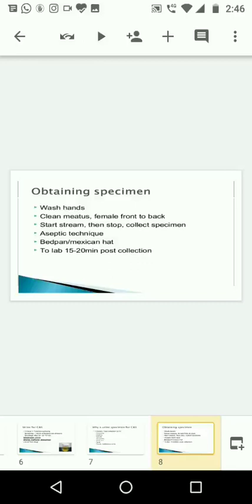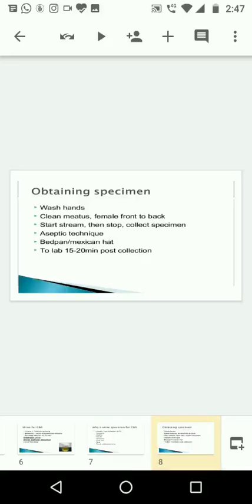How will you obtain the specimen? First of all, you should wash your hands and clean the meatus. Cleaning should be front to backward in females. Then ask the patient to start to urinate, then stop and collect the specimen. It should be a midstream specimen, okay?